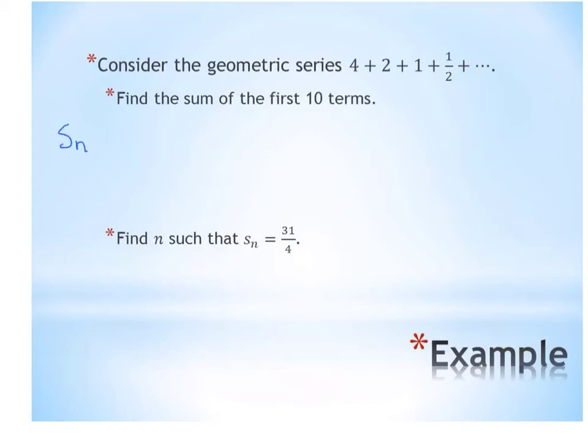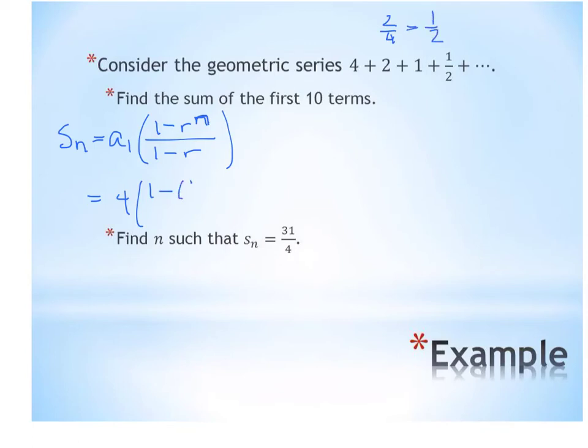So S sub n equals a sub 1, I need the first term, 1 minus r to the nth, so I need the common ratio, and I need how many terms, over 1 minus r, and so I need that common ratio again. So I should have everything. A sub 1 is 4. 1 minus, well, what's my ratio? It's going to be 2 over 4, which is a half.